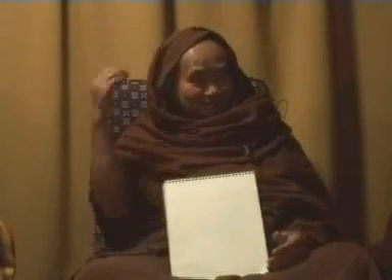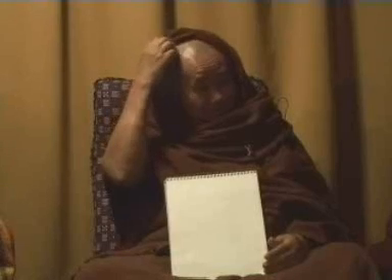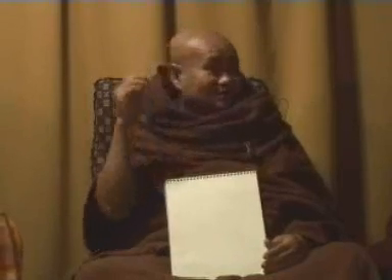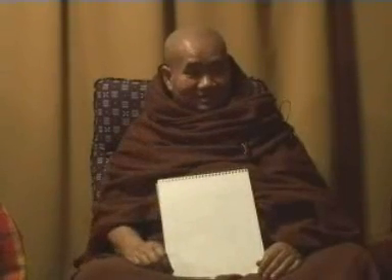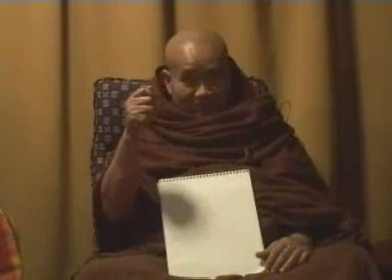How should you guard your sense doors? There is one sutta, the Kummopama Sutta. Tortoise. Is it true? Tortoise. One day tortoises were searching for food on the bank of a river. A fox was also searching for food on the bank of the river, pasturing there. The tortoise saw the fox.